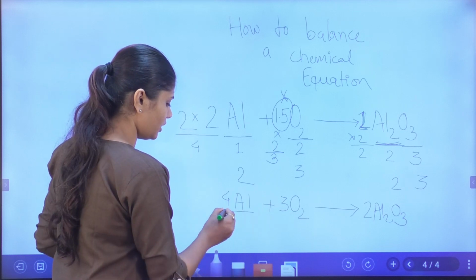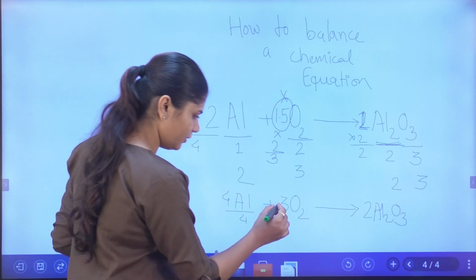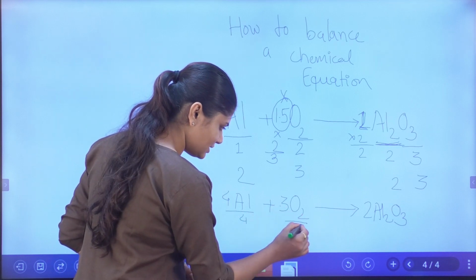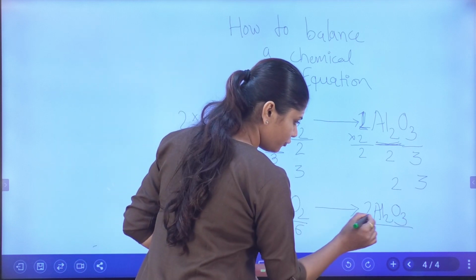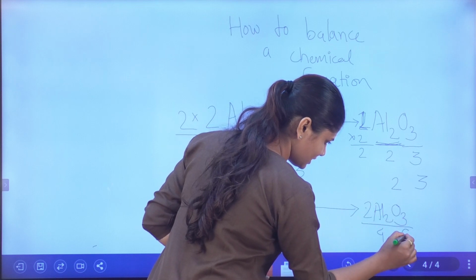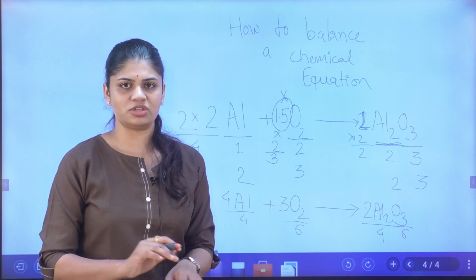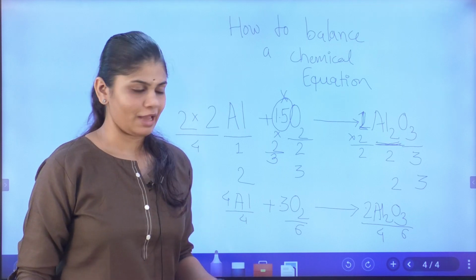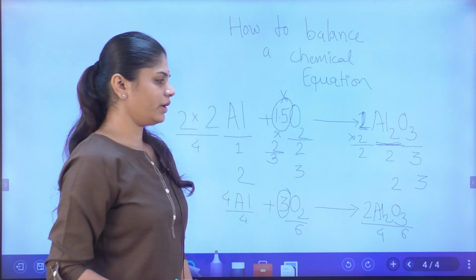Here 4 atoms of aluminium are present, and 3 into 2, that is 6 atoms of oxygen are present. Here 4 atoms of aluminium are present, and 2 into 3, that is 6 atoms of oxygen are present. Now we can say the equation is totally balanced, and we got the whole number over here.